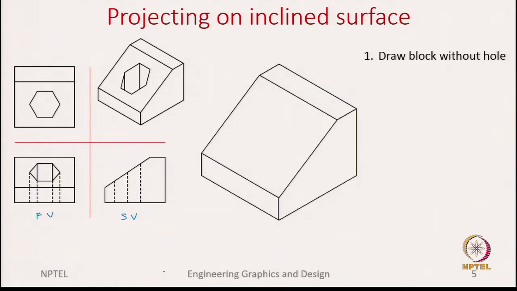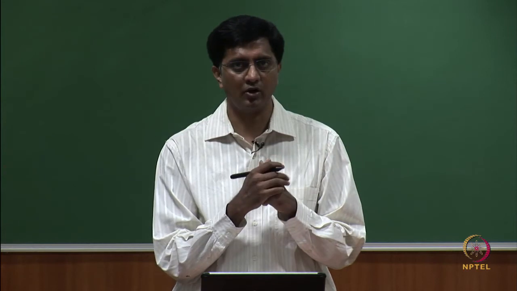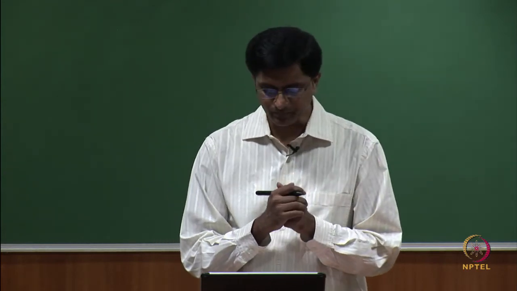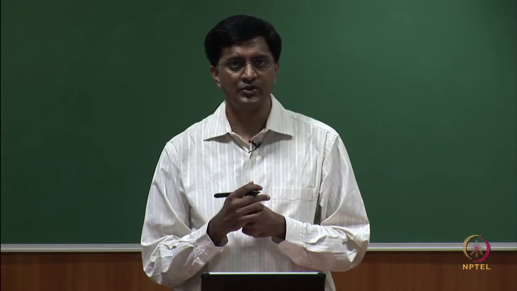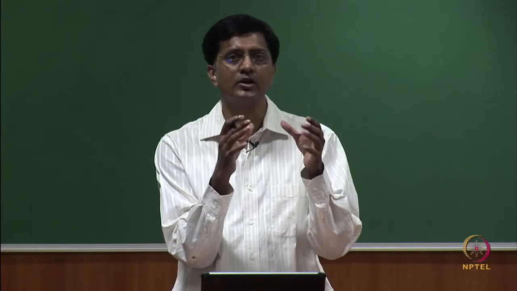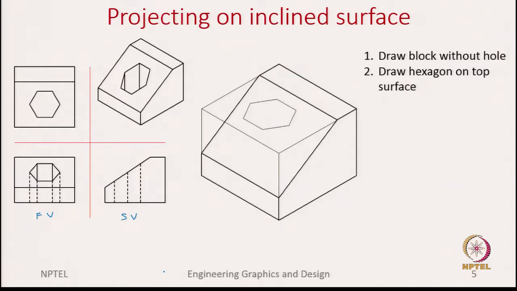First, let us draw the block without the hole. This should be relatively easy now, because we have already covered how to draw objects with normal faces or with inclined and oblique faces. So, let us assume that we are done with constructing this block. Now, we need to capture that hexagon on the inclined surface. So, let us first draw the true size of this hexagon on the top face of this object.